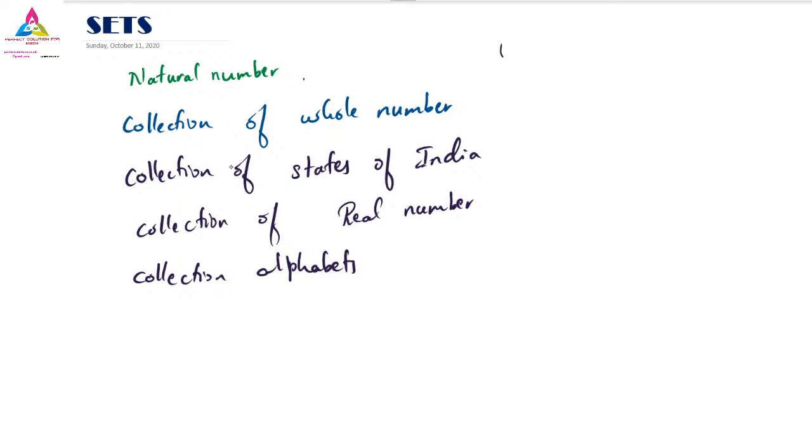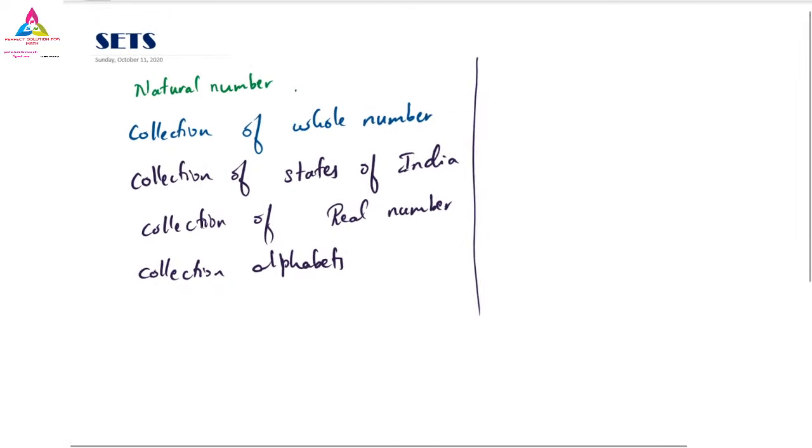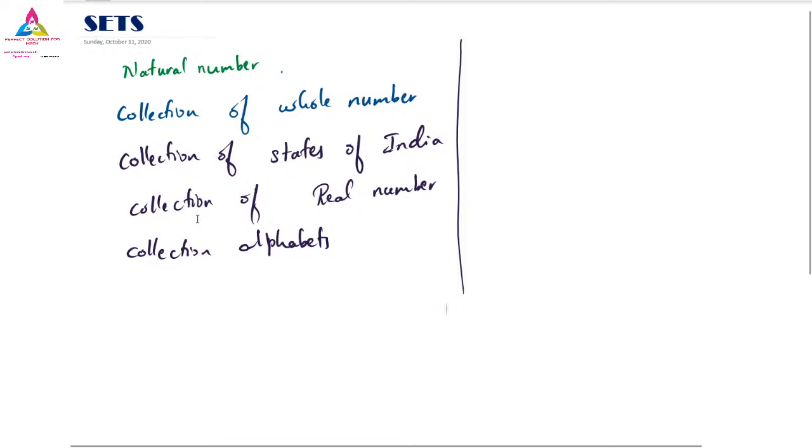So what is not a set? Which one can we say is not a set? Can you give any example?